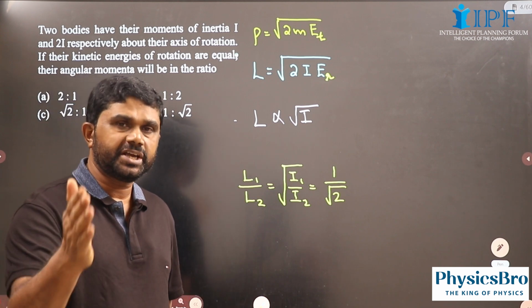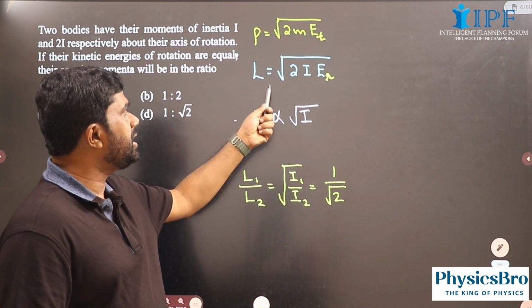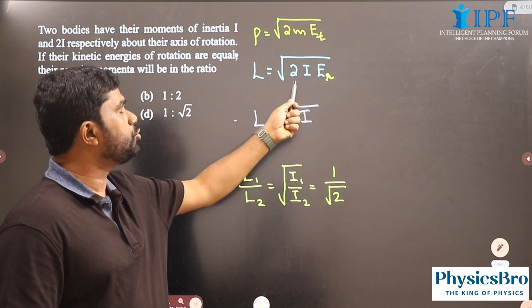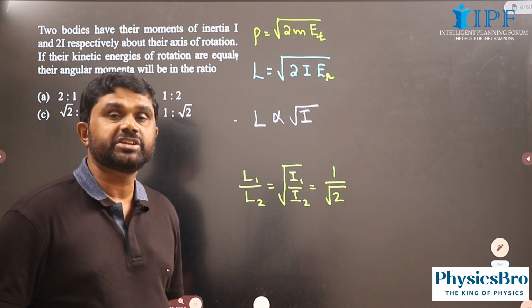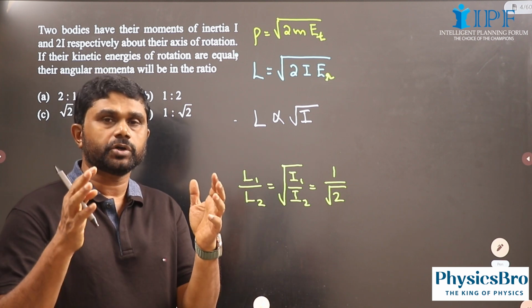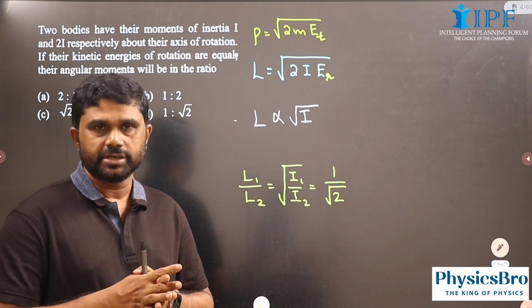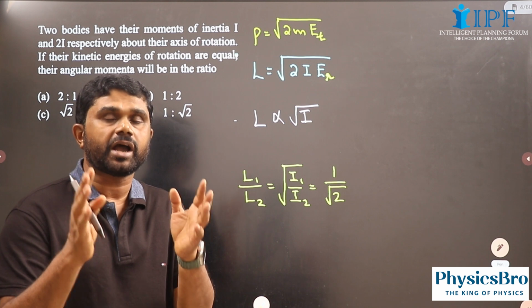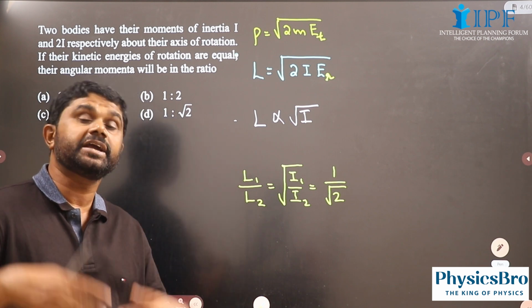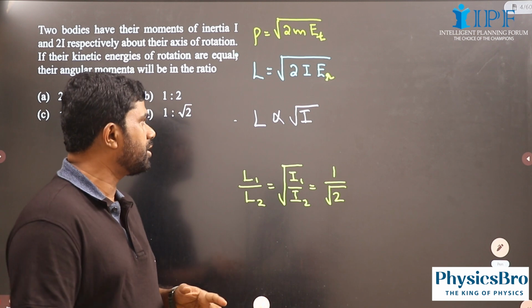The corresponding relation in rotational motion, that is angular momentum L equal to under root 2 into moment of inertia into rotational kinetic energy, E with the suffix R. Here we have two bodies with equal rotational kinetic energy, but their moments of inertia are different. Which one will have greater angular momentum, or we have to find the ratio of the angular momentum.